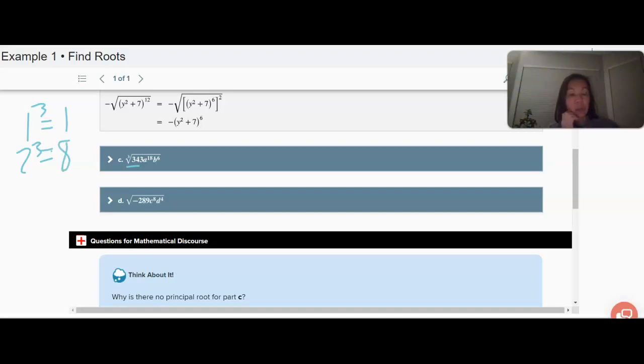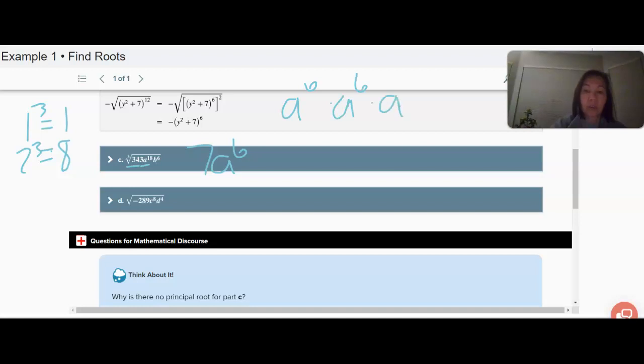The cube root of 343 is 7. Then the cube root of a to the 18th: we can just divide that 18 by 3, because a to the 6th times a to the 6th times a to the 6th gives a to the 18th.